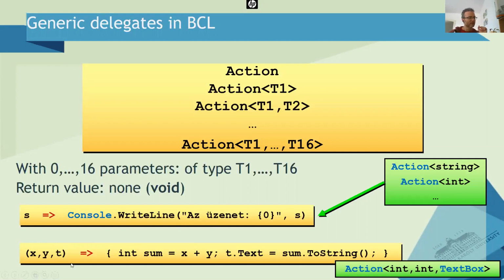But I'm really sure that the type of T must be a TextBox, because here I want to set the Text property of T to some string. I just want to demonstrate that the action delegate is compatible with almost all lambda expressions of this kind.